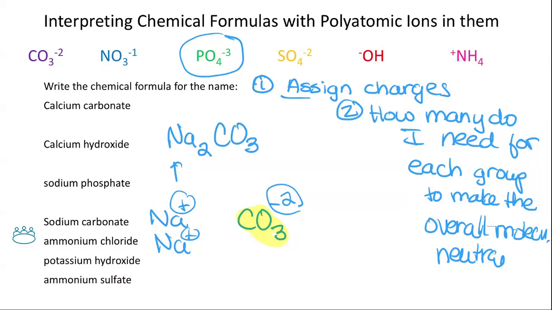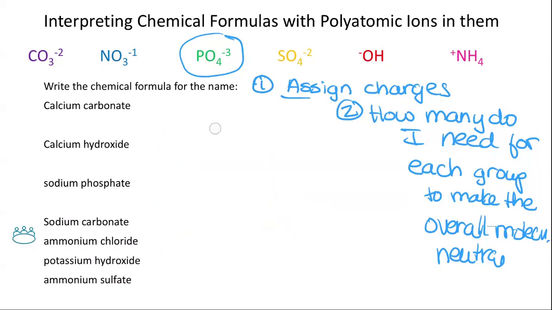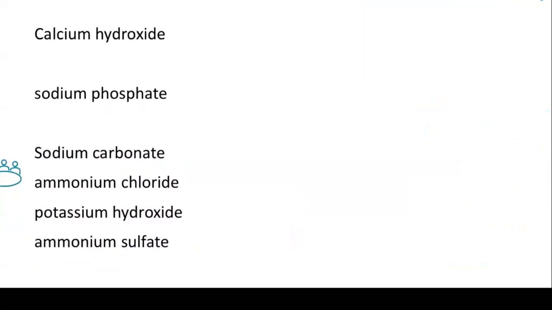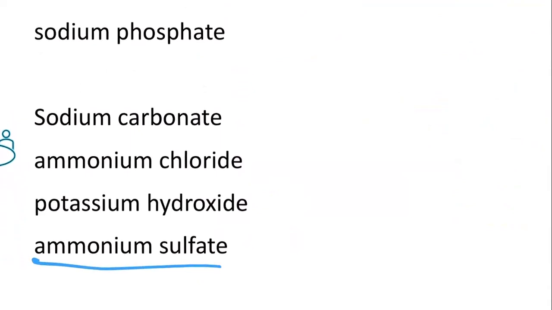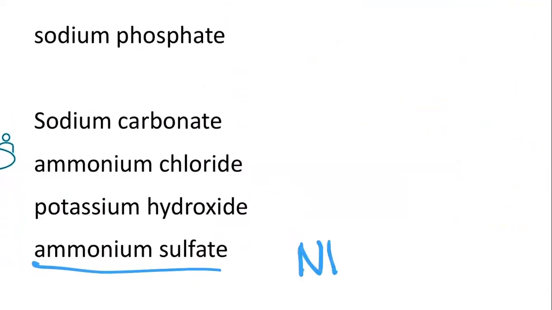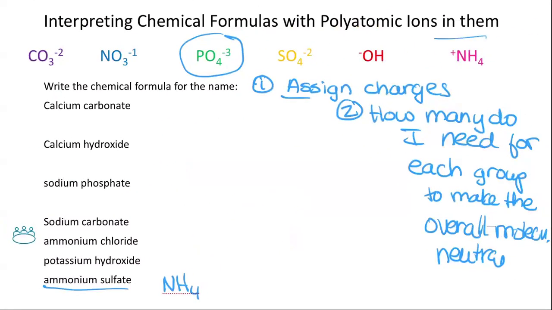Okay, let's do one more. Because I'm feeling nice, let's do this hard one, ammonium sulfate. So ammonium is a polyatomic ion. You recognize it from over here, and it has a plus charge. This whole thing comes together.